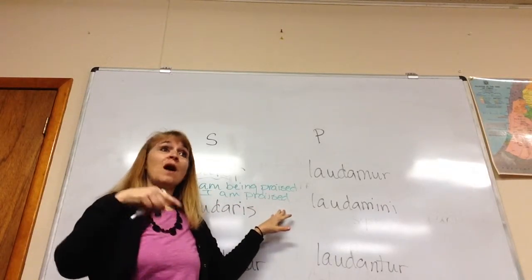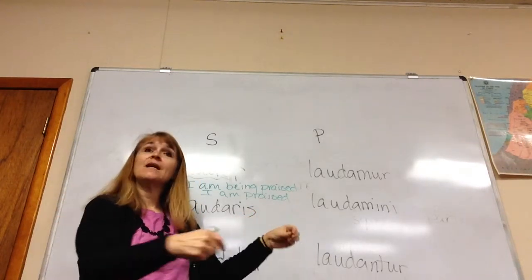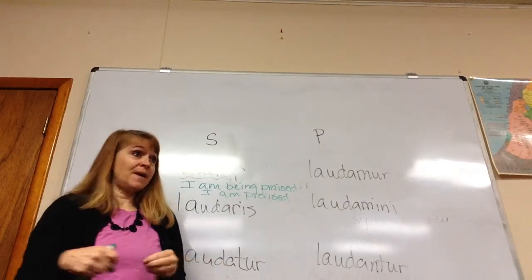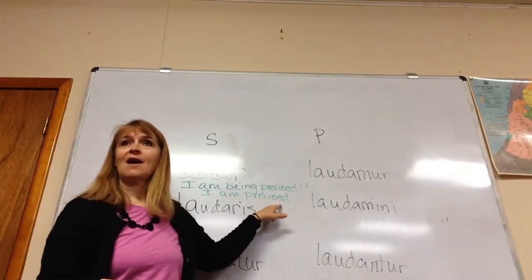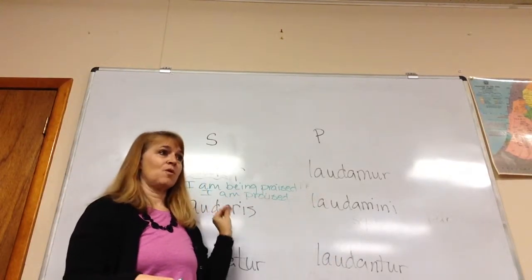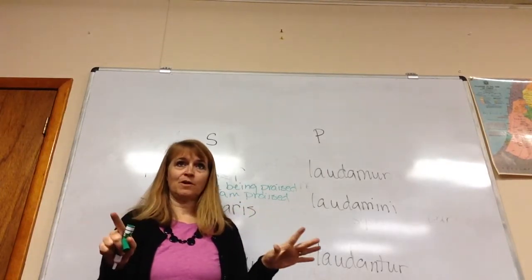You haven't used a past participle. I am praised, you can hear that you now have passive. You're praised by something, right? So you have to have a past participle in every passive form, whether it's the present system or the perfect system.